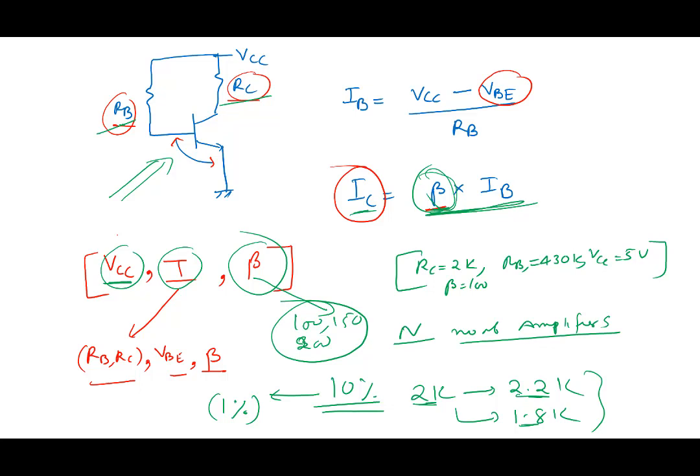Beta will change a lot and cause the bias point to change. So what we are looking for is beta insensitive biasing. One of the goals is beta insensitive biasing.